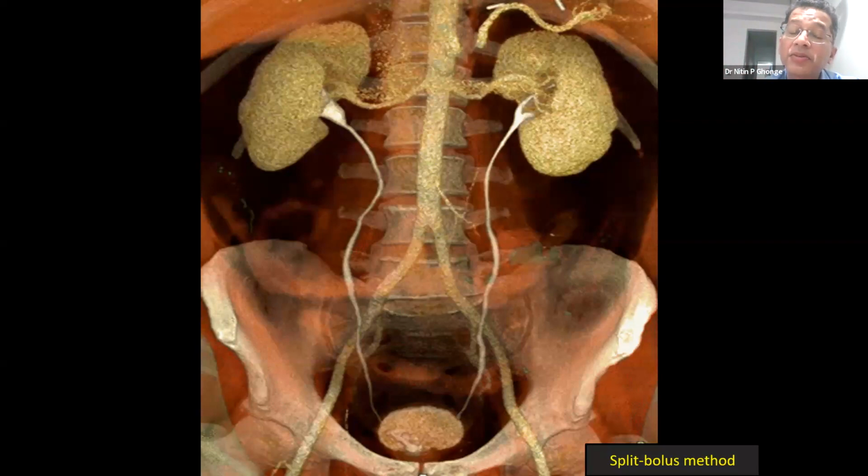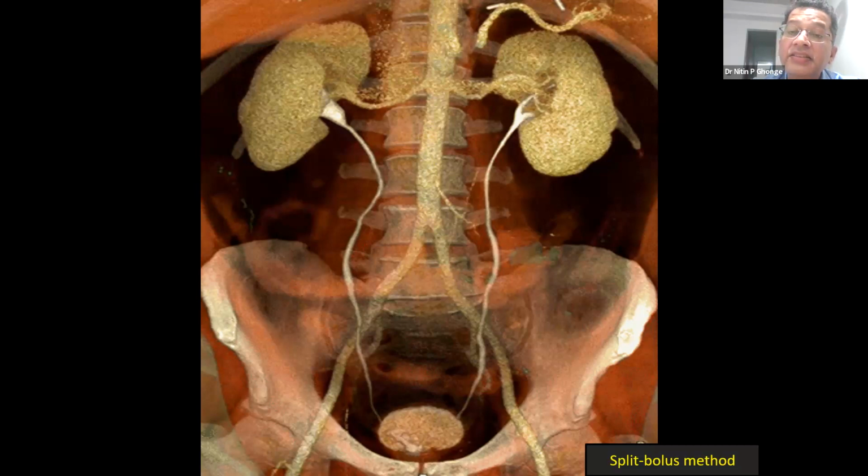Why? Because of two reasons. MRI has a higher soft tissue resolution. MRI is able to pick up pyelonephritis or parenchymal lesions or even abscess without the need for IV contrast as compared to CT. In CT, without IV contrast, it becomes difficult to diagnose abscess or pyelonephritis. So that is one important thing.